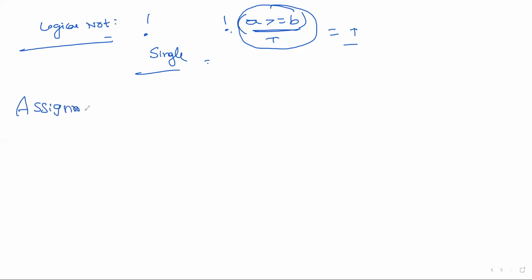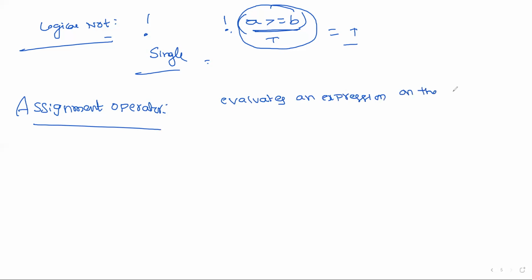Next one is the assignment operator. What do you mean by assignment operator? The main purpose of assignment is to assign a value. The assignment operator, is equal to, evaluates an expression on the right side of the assignment operator.